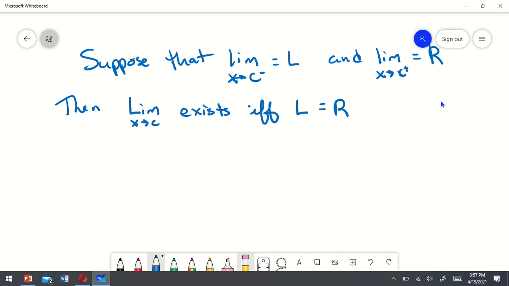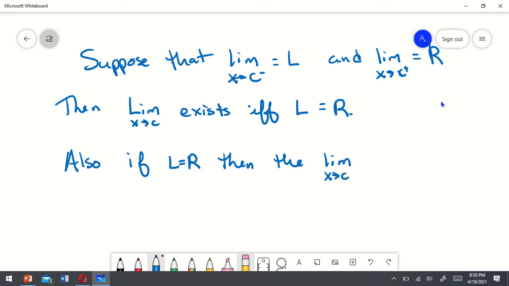We can also say that if the left and right hand limits are equal, then the two-sided limit, just the regular limit as x approaches c for our function, is equal to that number, either L or R, depending on which you prefer to use.